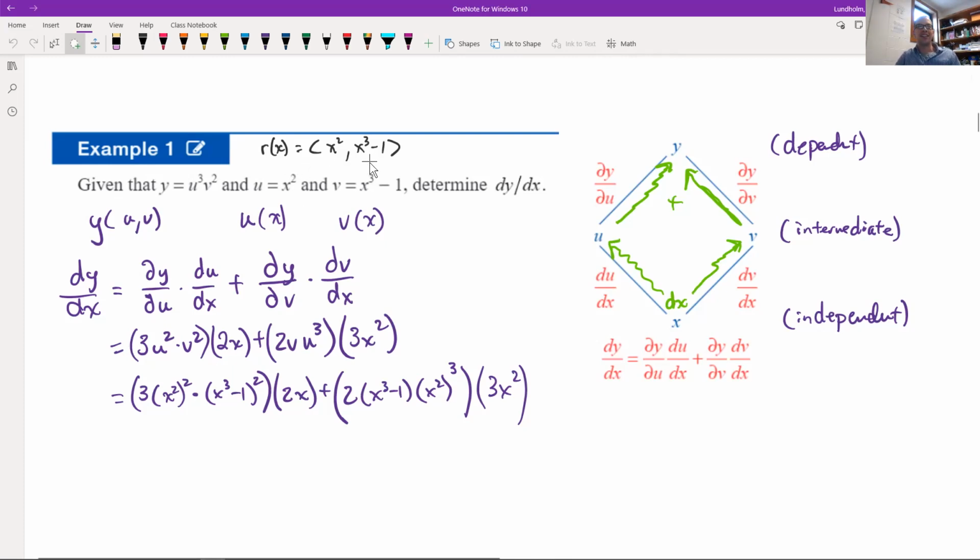We've got u and v, treat it like a vector valued function. Let's take the derivative of that like we normally would have in that chapter. So I'll do this in orange. I don't know why, but we just take the derivative component wise, 2x and x cubed minus 1.